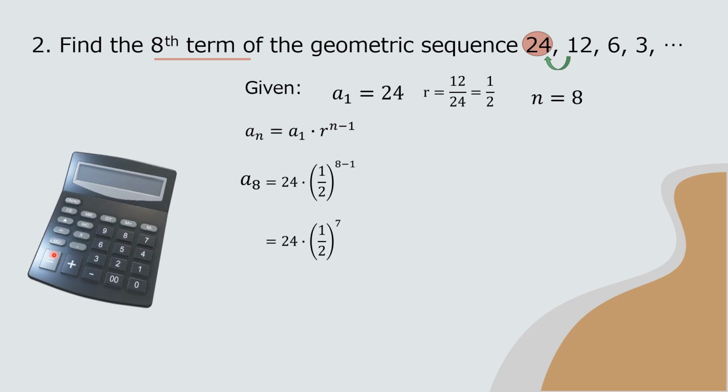Using a calculator, so we have 24 times 1 over 128. So we have 24 over 128. So a sub 8 is equal to 3 over 16.